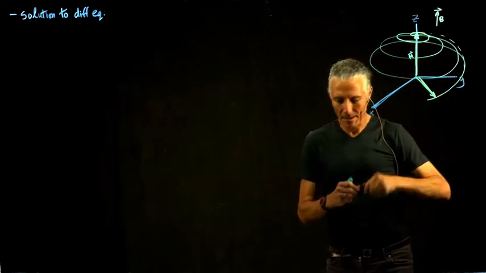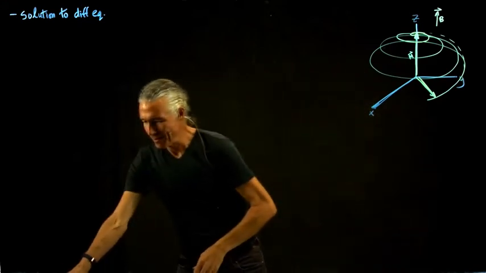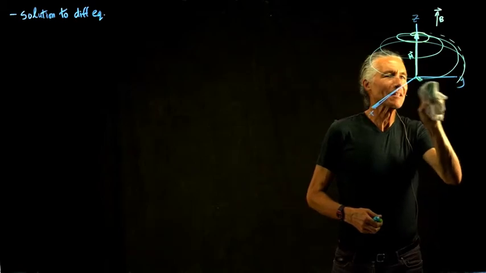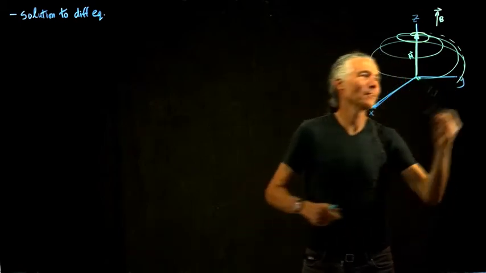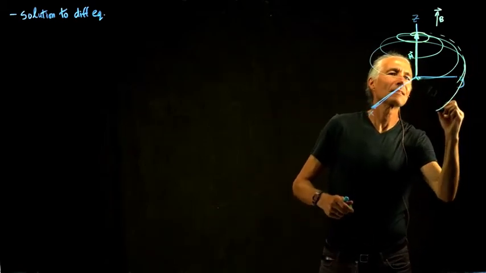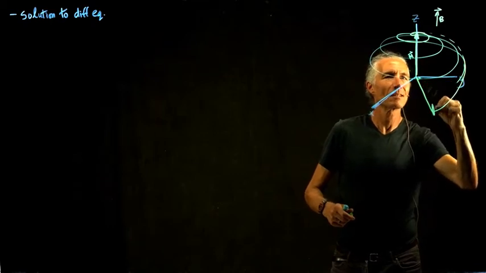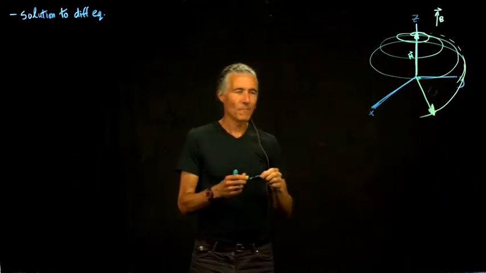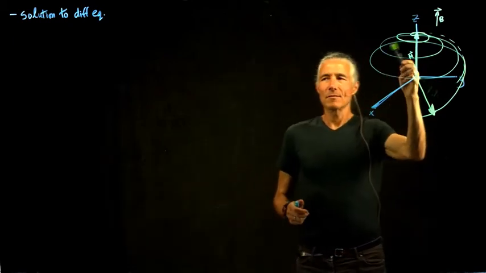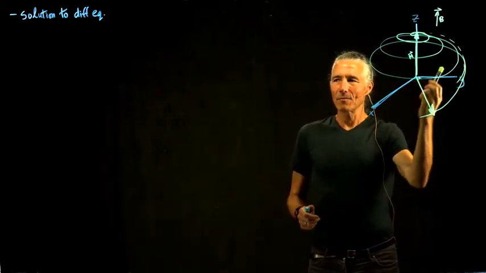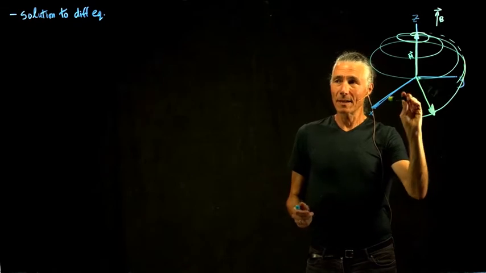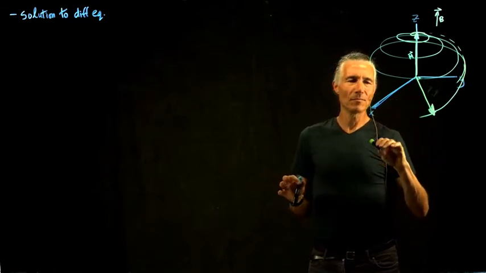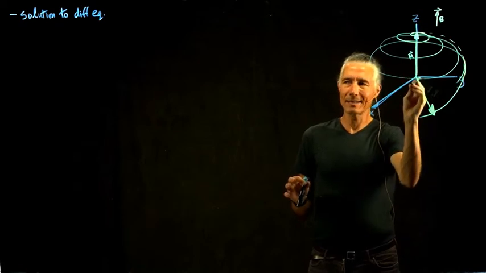I didn't draw it the same length. The idea is that the length doesn't change, so let me fix that. Here's that same vector. It stays the same length as it rotates down further and further. That's a little confusing given the initial visualization we had, but it can actually go past the plane.